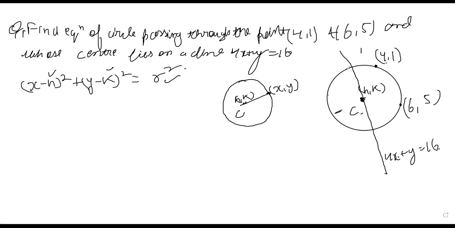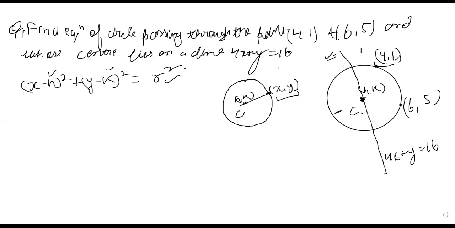Now can you find the value of x comma y by comparing in this question? x comma y, it could be 4 comma 1 or 6 comma 5. Yes, it could be 4 comma 1 and also 6 comma 5.